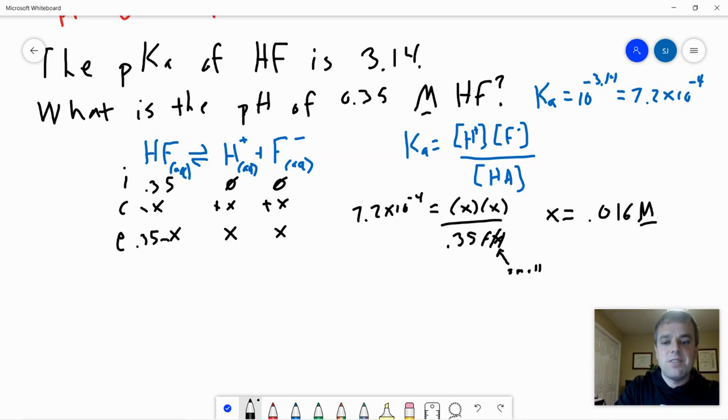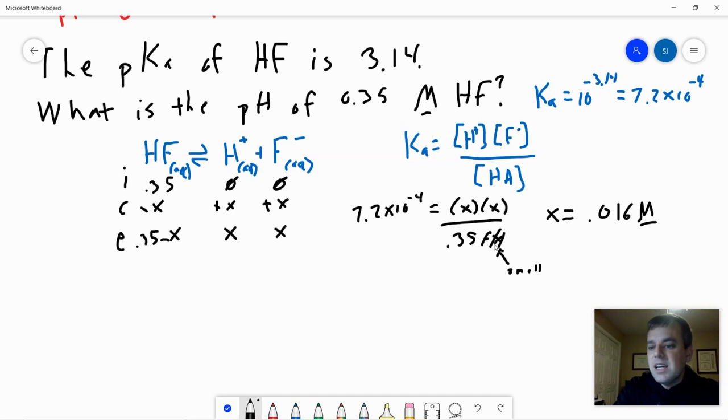And if we want to check the 5% rule, 0.016 divided by 0.35, that's 4.5%. So it's less than 5% of the 0.35 we were subtracting it from. So the 5% rule checks out for us.